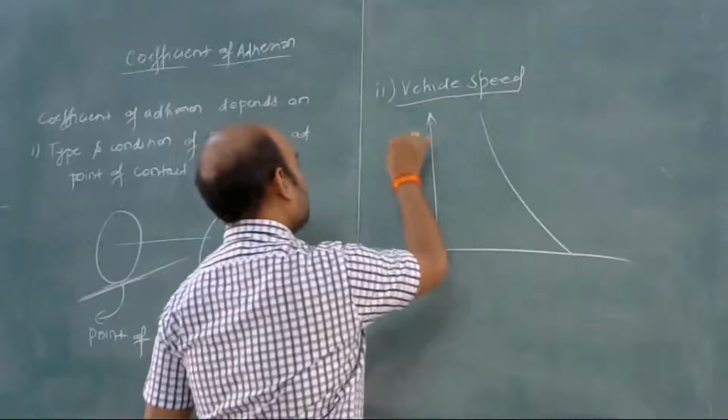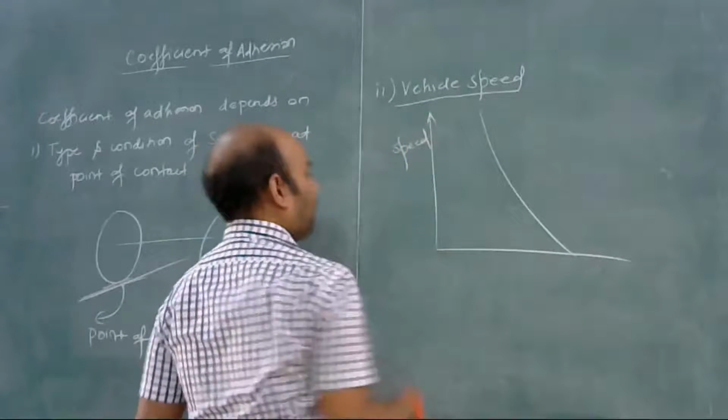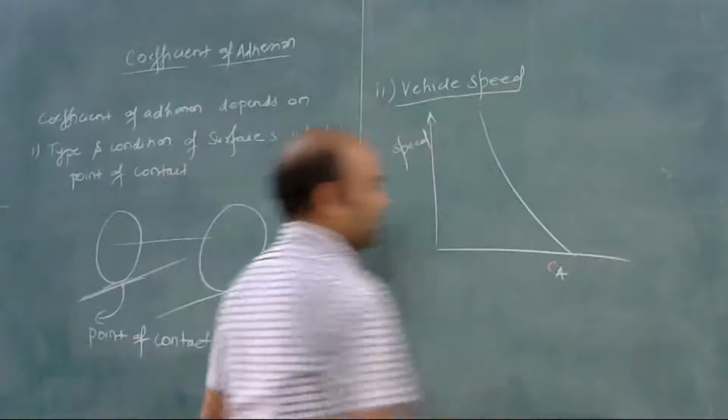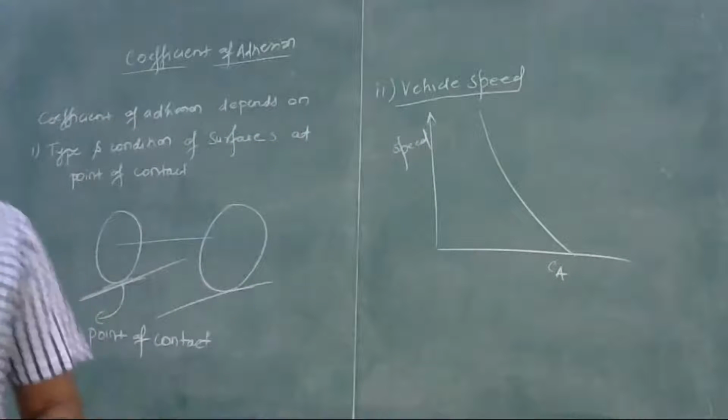So this is a plot between speed and coefficient of adhesion. Okay.